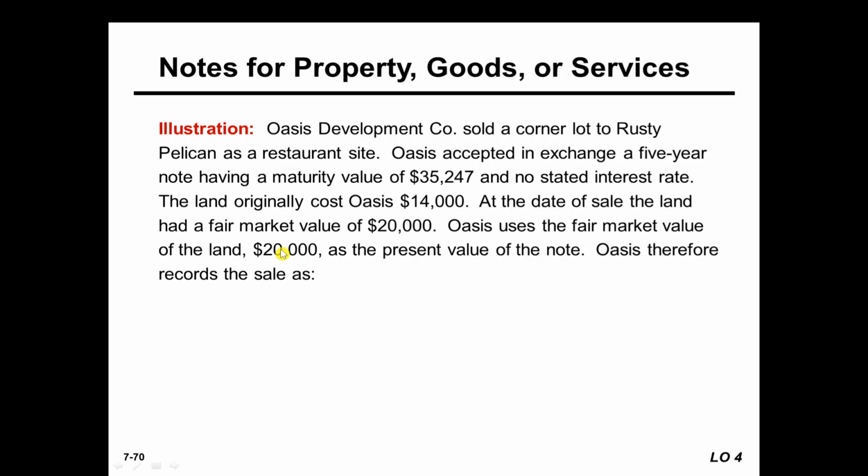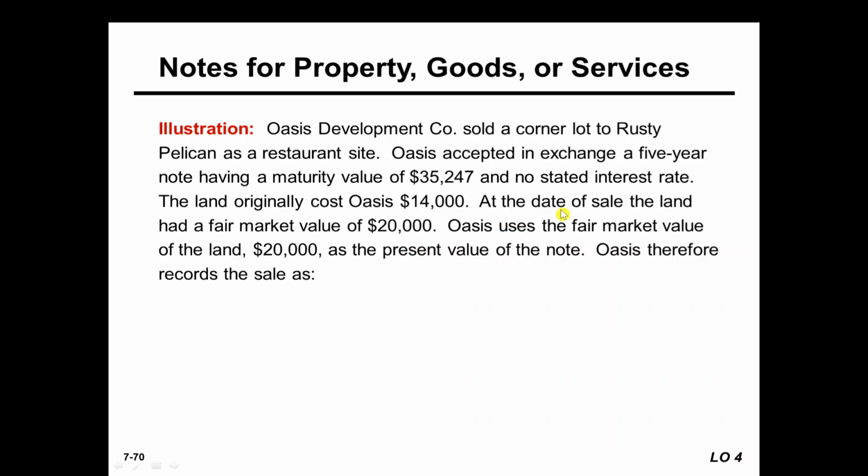So this is the example. Oasis Development Corp. sold a corner lot to Rusty Pelican as a restaurant site. Oasis accepted in exchange a 5-year note having a maturity value of 35,247 and no stated interest rate. The land originally cost Oasis 14,000. At the date of the sale, the land had a market value of 20,000.